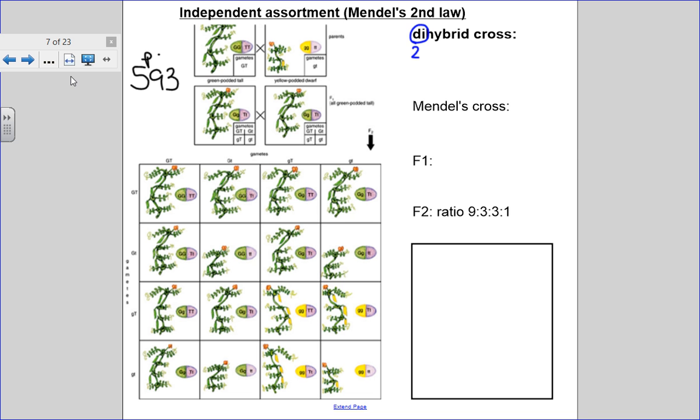Di means two. So a dihybrid cross means that we performed a cross based on two traits. In a monohybrid cross, we were only concerned with one trait. In a dihybrid cross, we're concerned with two.